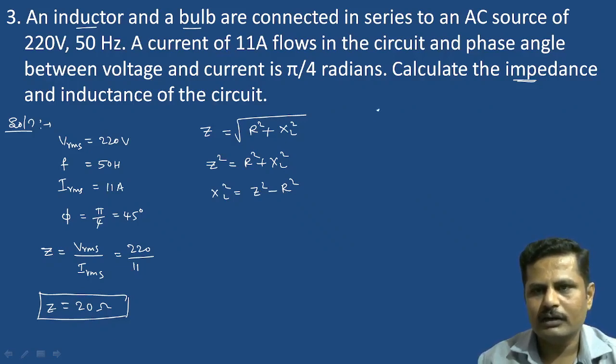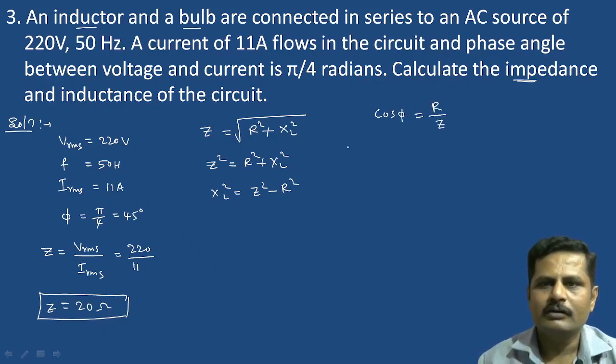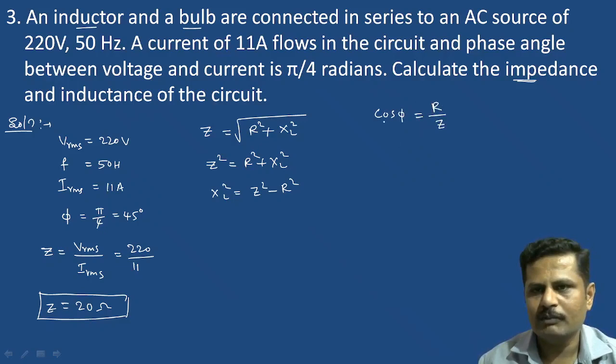As we know, cos psi equals R by Z. From the phasor diagram you can have this formula, cos psi equals R by Z. So here R equals Z cos psi. Here we have Z equals 20 ohm and cos 45 degree, that we know is 1 by root 2.